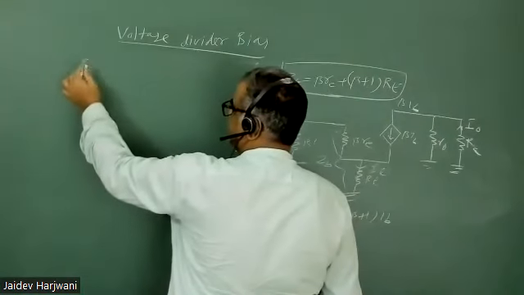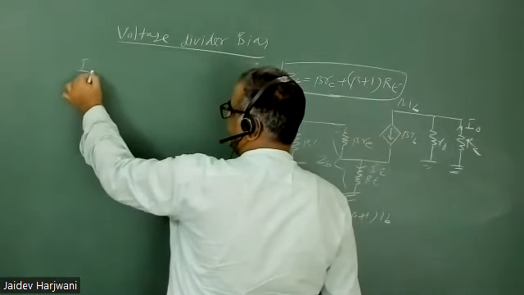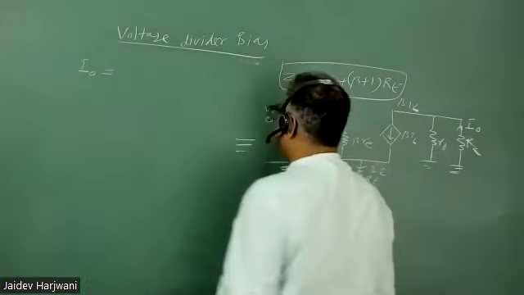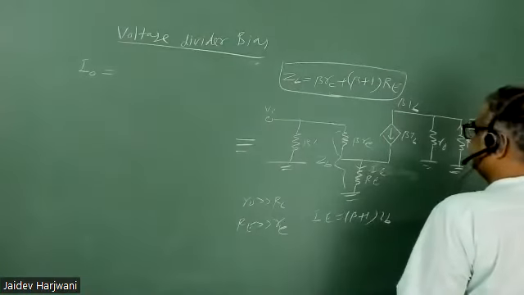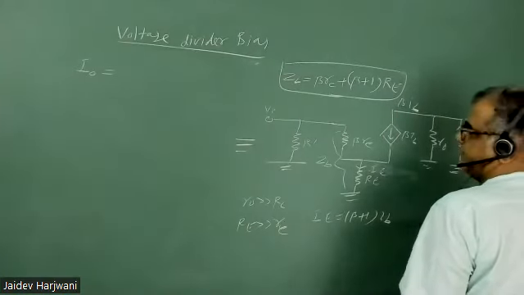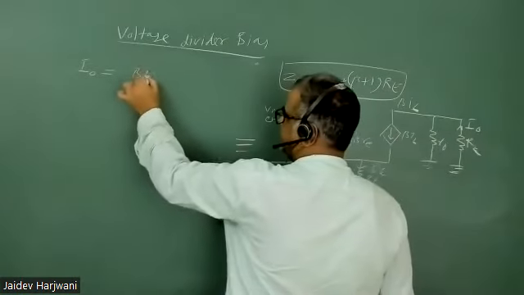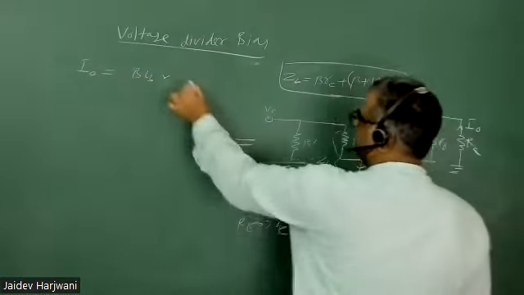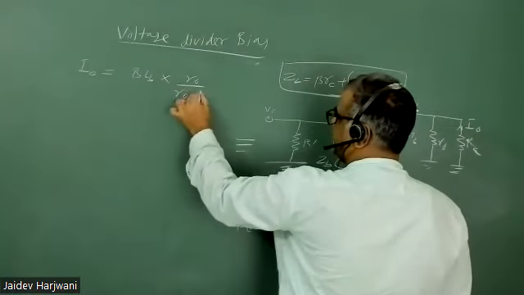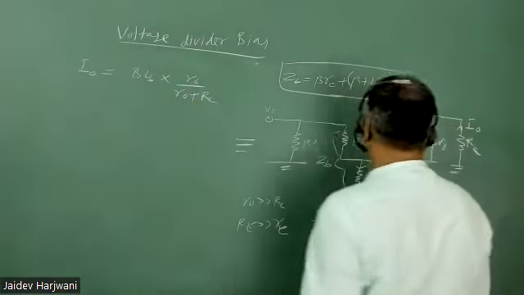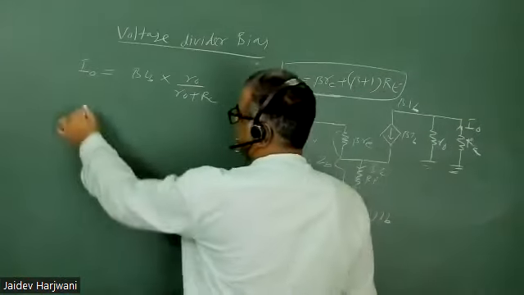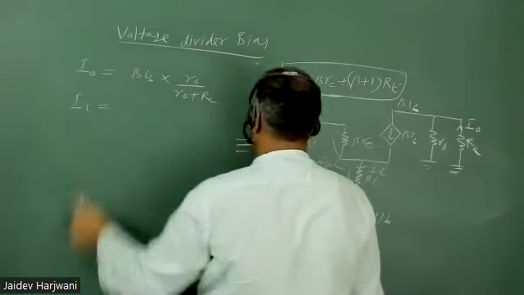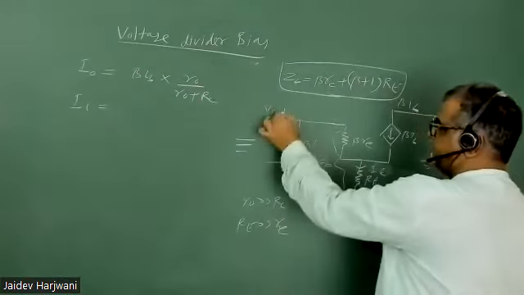So current gain is, I want my output current. What will the output current be, tell me? Beta IB, R naught upon R naught plus RC. Very good. Beta IB, and the input current will be what? The input current is this one.